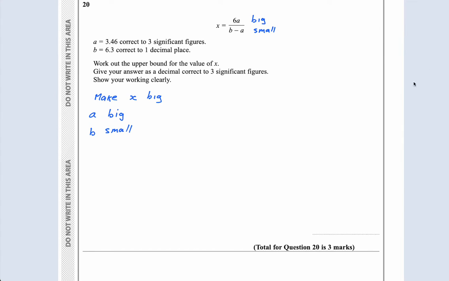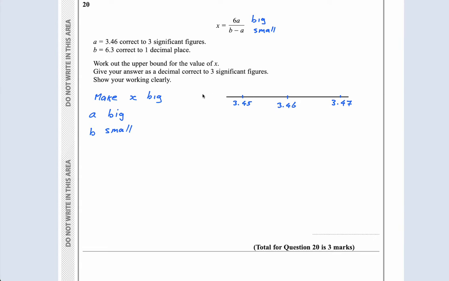So how do I do it? Well, I'm going to get a number line for A, and 3.46 is here, 3.46 to 3 significant figures. So the next number up, if I'm rounding to 3 significant figures, is 3.47, and the next number down would be 3.45.